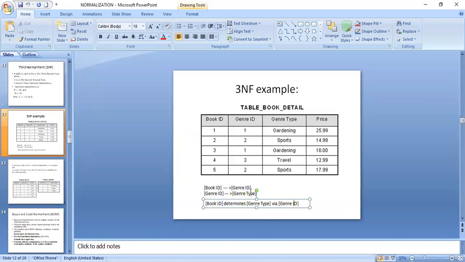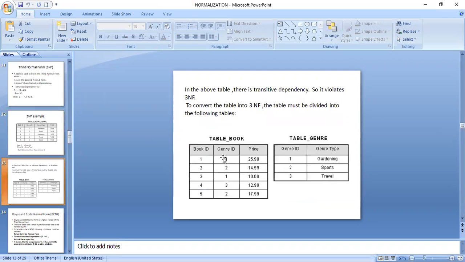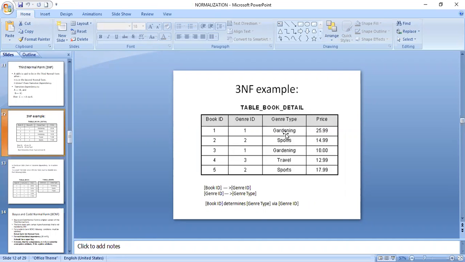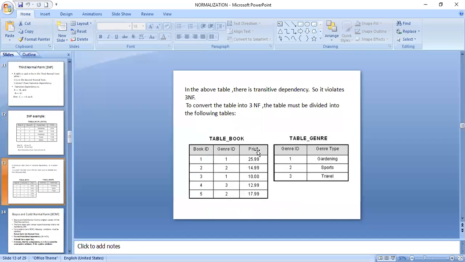As a result, you should divide that particular table into two other tables. How is that done? Book ID, genre ID, and price is one table. This price can be available here or it can be available there. It is just given in the table, but we don't have any information regarding this price, so it can be provided in either table, no issues. So book ID, genre ID, and price I'm putting in one table, and genre ID, genre type as a separate table.